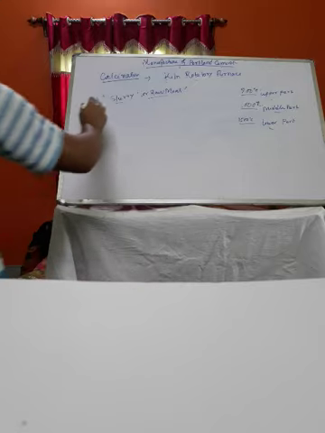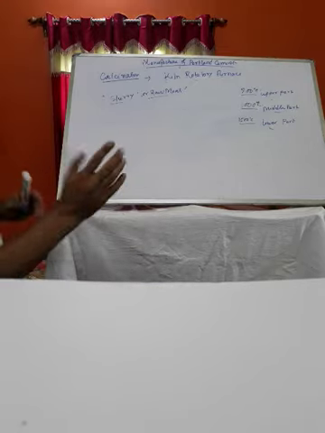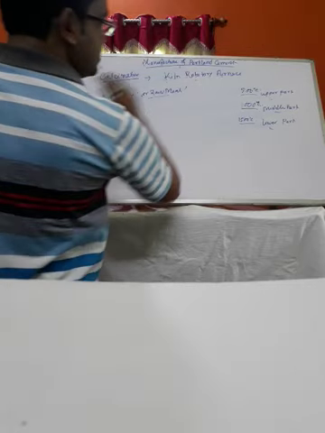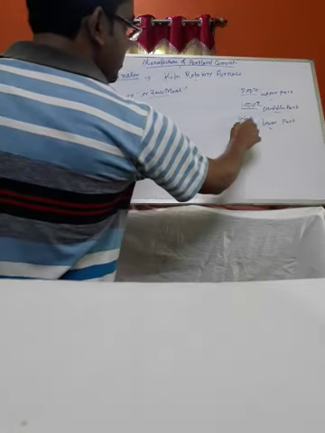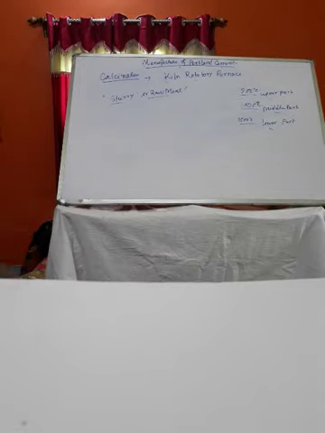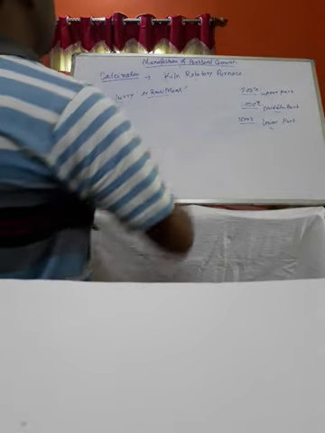Now the slurry or raw meal is allowed to pass through the upper part of the furnace, and heat is applied at the lower part of the furnace. This is a rotatory furnace.